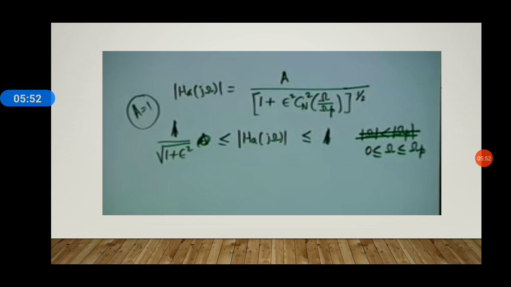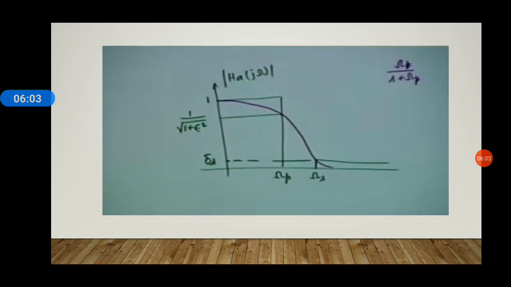And if we normalize A to 1, we have these two values. So from this conclusion, we can draw the characteristics of a Chebyshev filter as this, where the magnitude corresponding to the pass band would be 1 by root over 1 plus epsilon square, which is our del P.